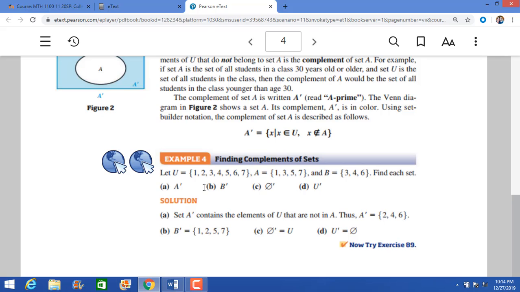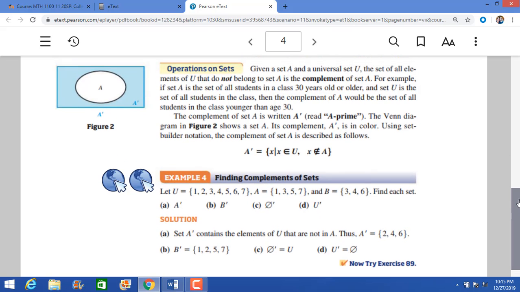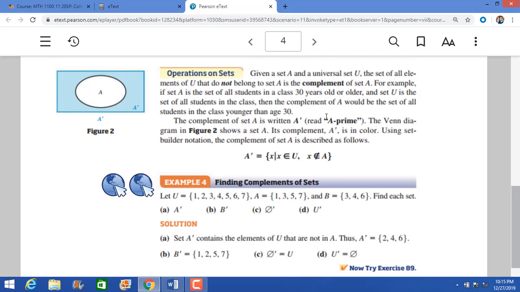Example 4. Let U equal this set, A equal this set, and B equal this set. So let's look at A prime. Oh, this is a good one. A prime means the complement of a set. So, operations on sets. A complement of a set is all the elements that are not in that set, that do not belong to that set.